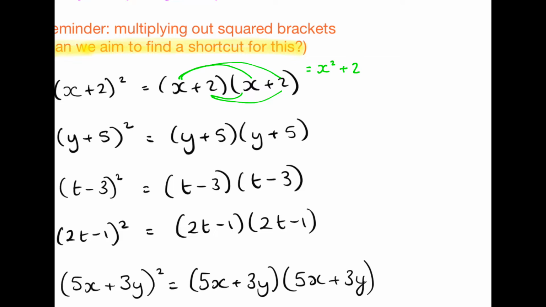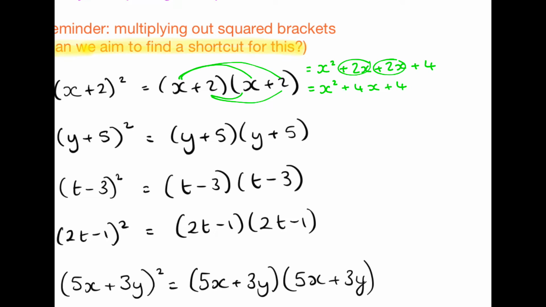You'll get a plus 2x, another plus 2x, and a 4. Okay, I'm not taking my time over this because we've done lots of practice at multiplying out brackets. Okay, I just want us to see if we can come up with a shortcut. So x squared, and then we've got plus 2x and plus 2x, that gives us plus 4x plus 4.